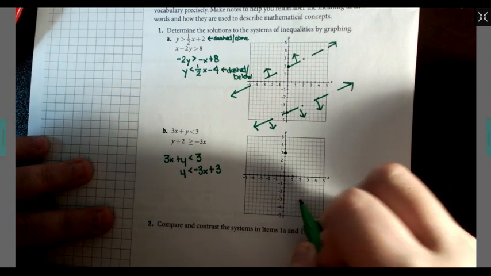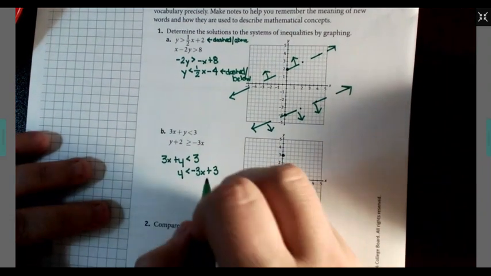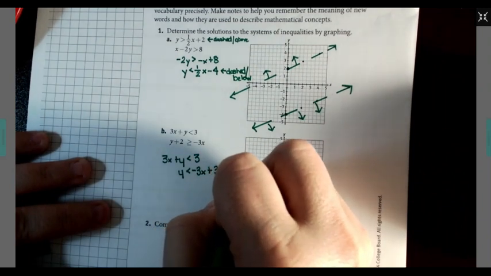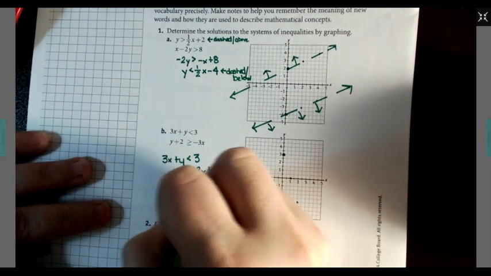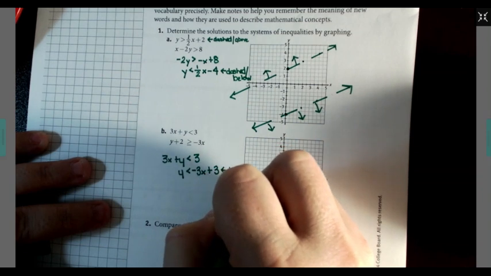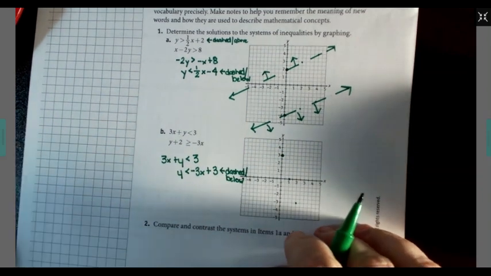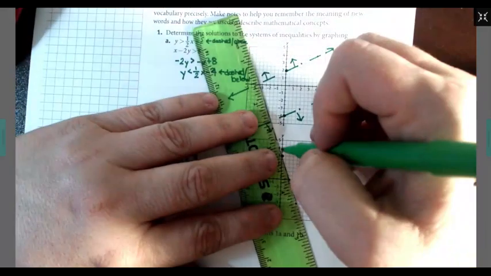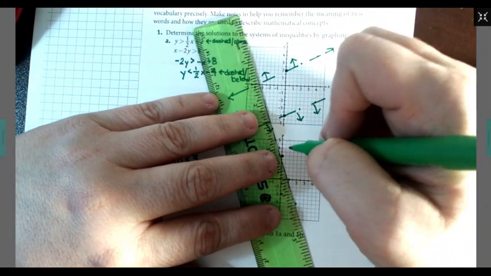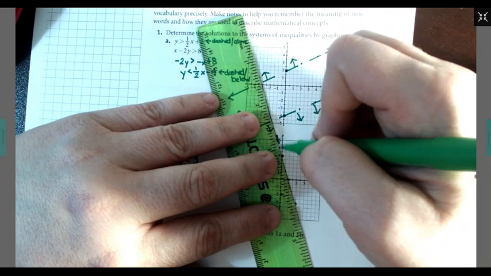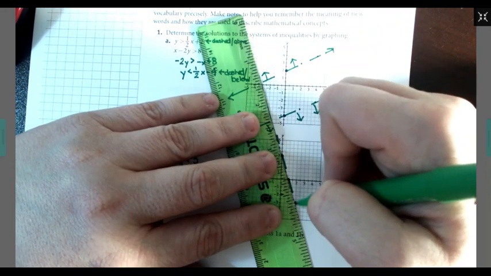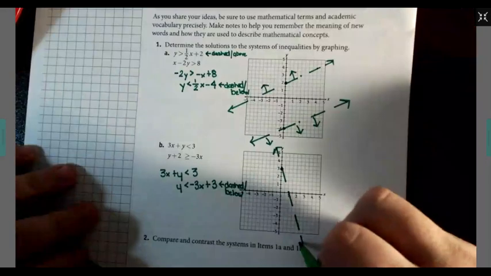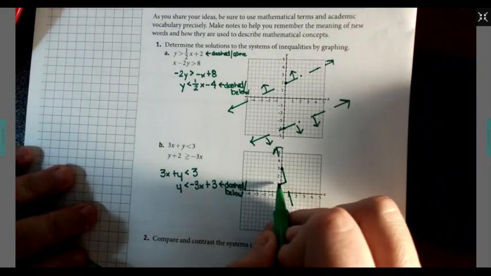This is going to be dashed. And because it says less than, we're going to shade below the line. So we're going to shade this way.